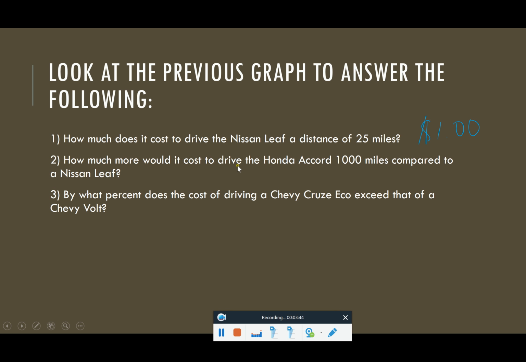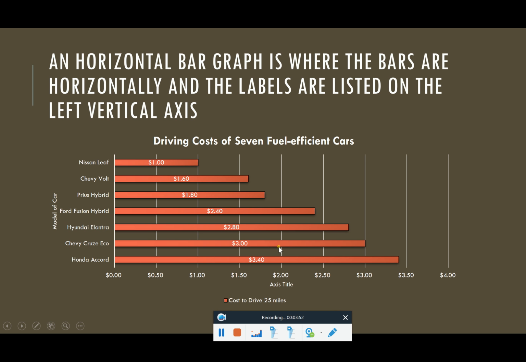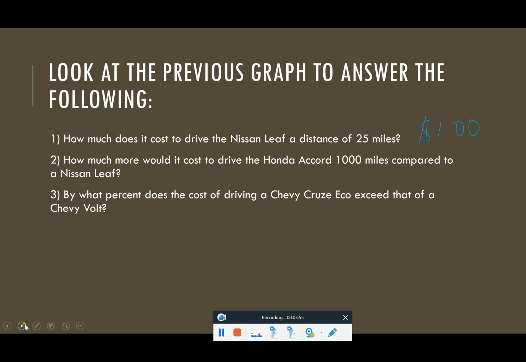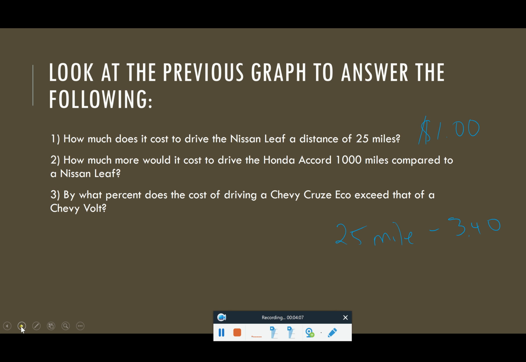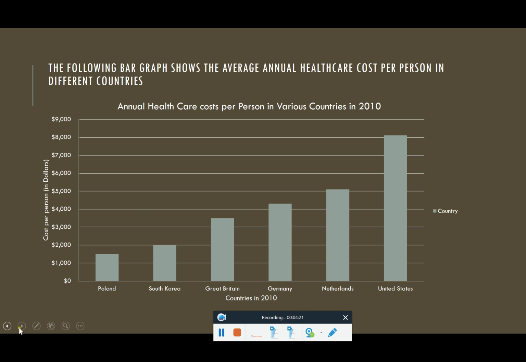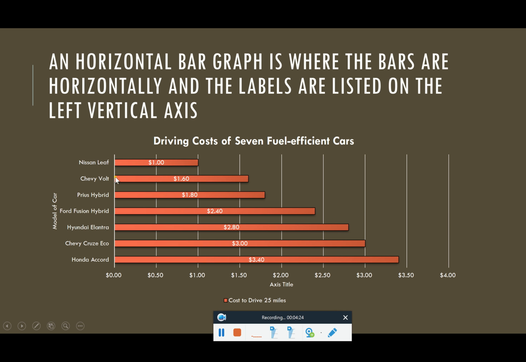How much more would it cost to drive the Honda Accord 1,000 miles compared to the Nissan Leaf? The Honda Accord to drive 25 miles is $340. And the Nissan Leaf costs $1, right?